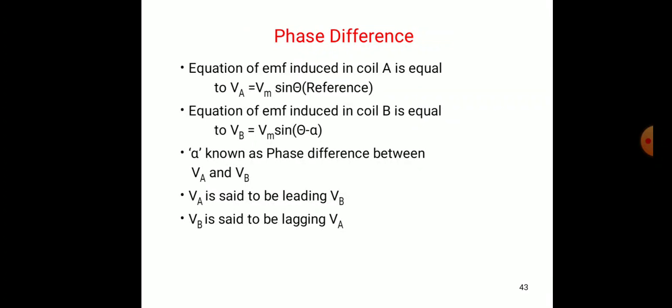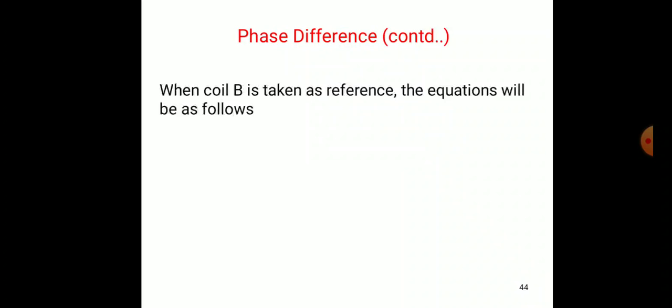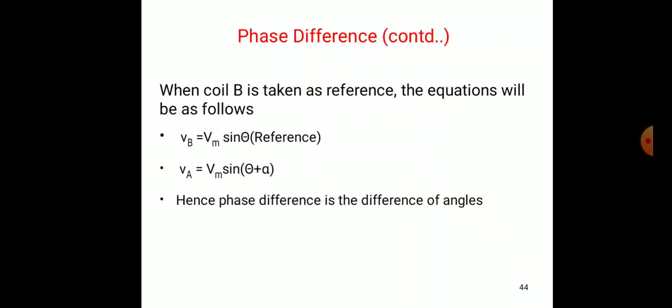The phase difference is also described in terms of two terms, leading and lagging. Leading means if the waveform angle is more than the reference angle, that is called leading. If it is less than the reference, that is called lagging. When coil B is taken as reference, the equation will be as follows. VB equal to Vm sin theta, the reference value.